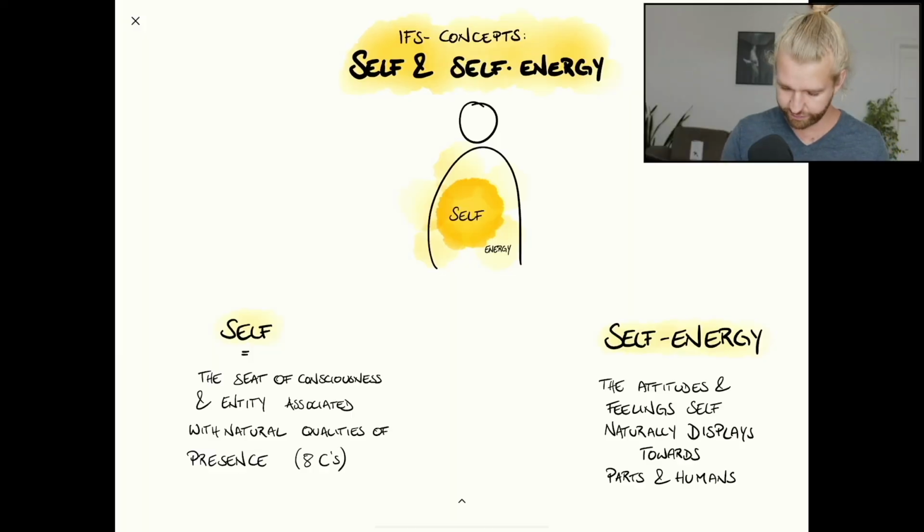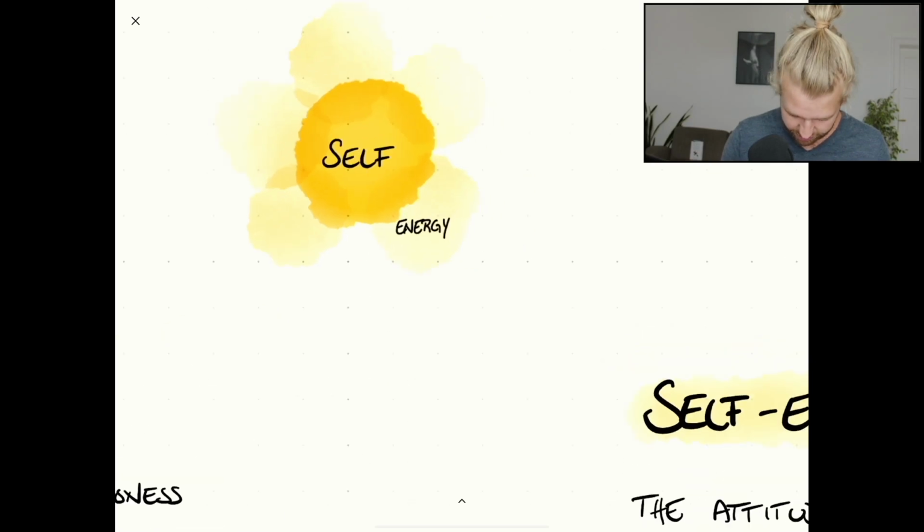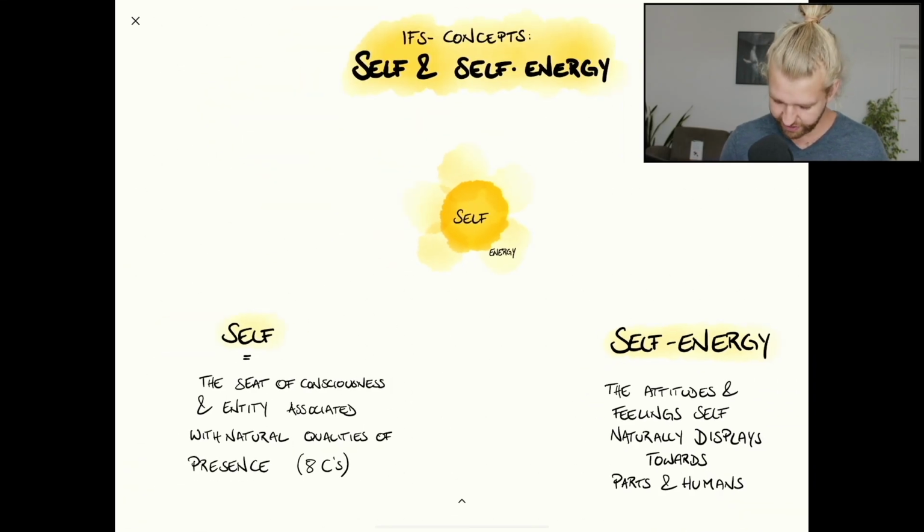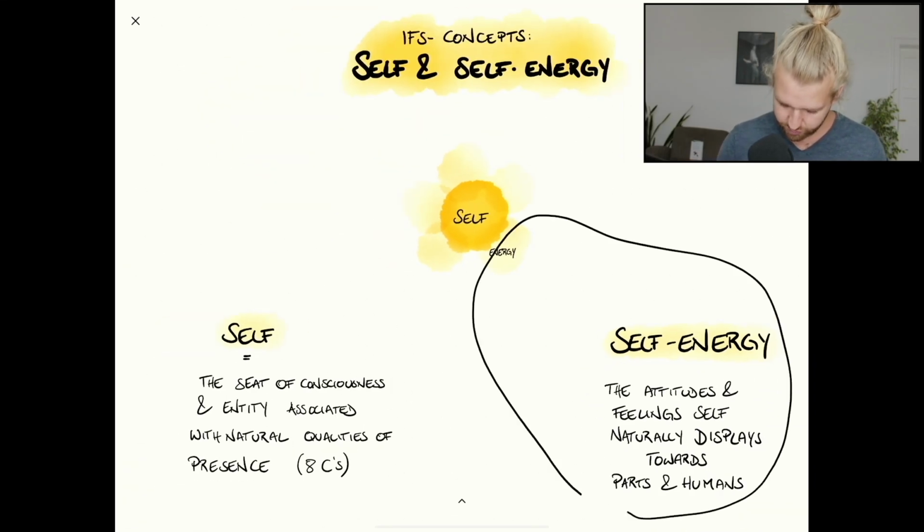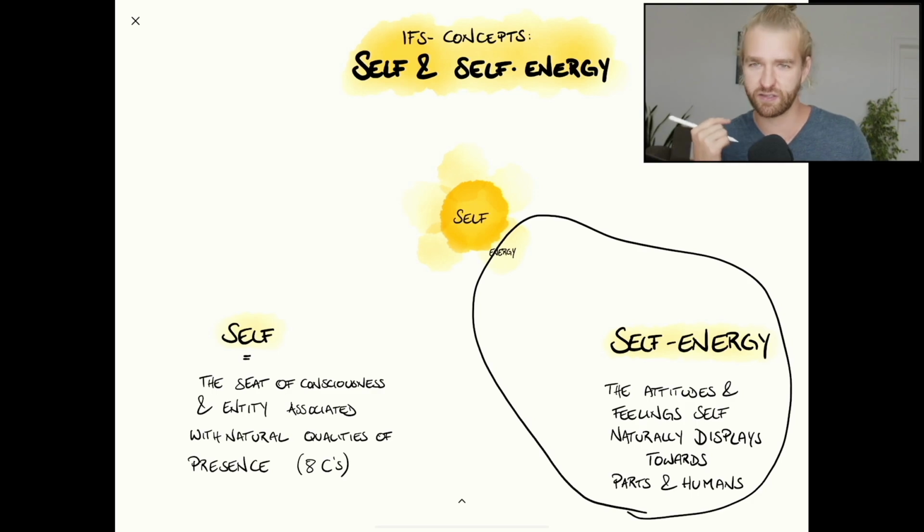On the other hand, self-energy, which here is visualized by these kind of like flower petals, self-energy are the attitudes and feelings that self naturally displays towards parts and humans. So if we are connected to self, we will naturally have certain ways of relating, feeling towards, feeling about, and attitudes towards humans and parts.